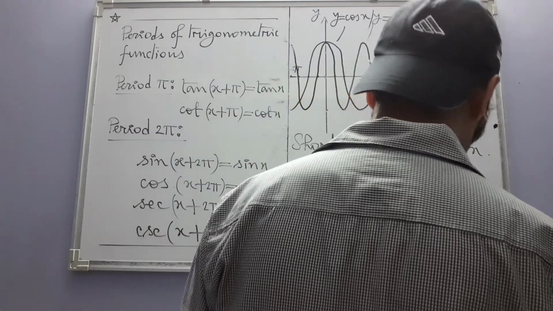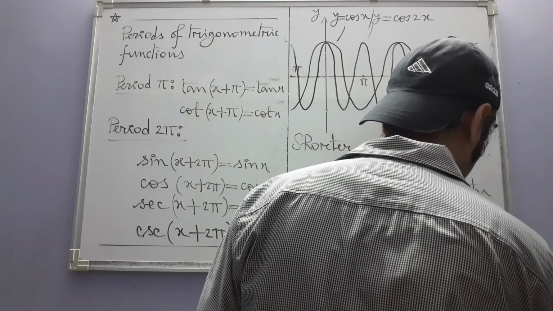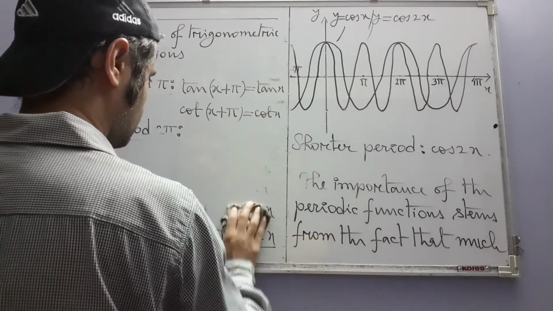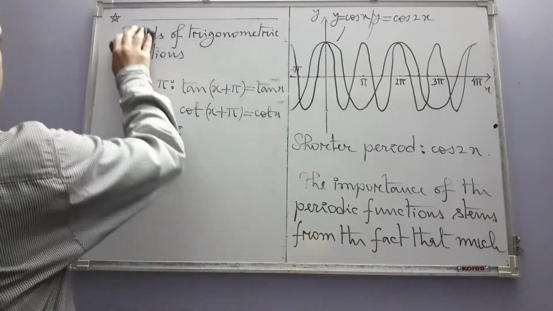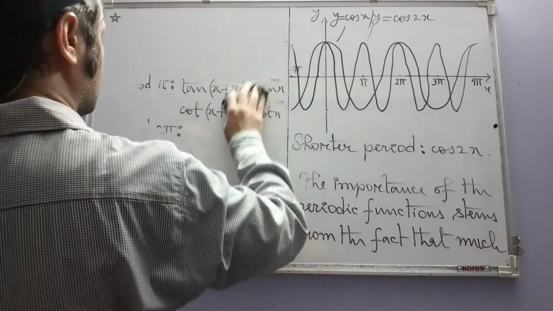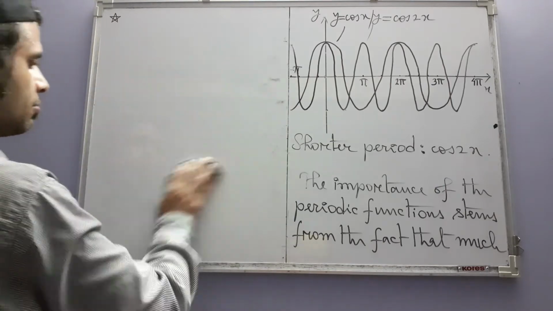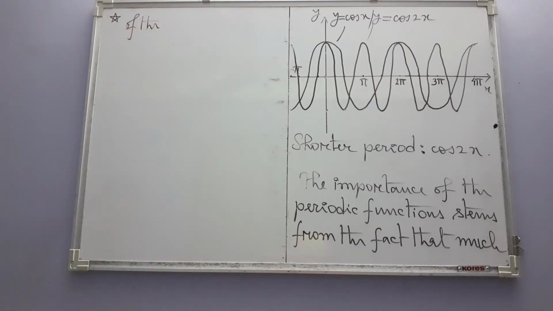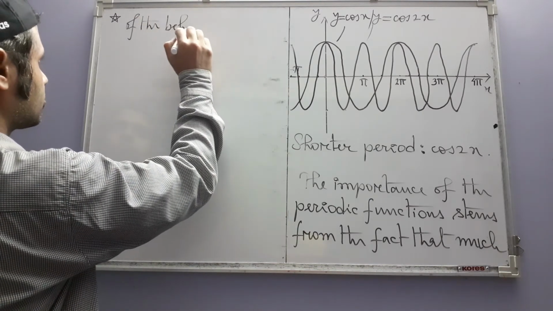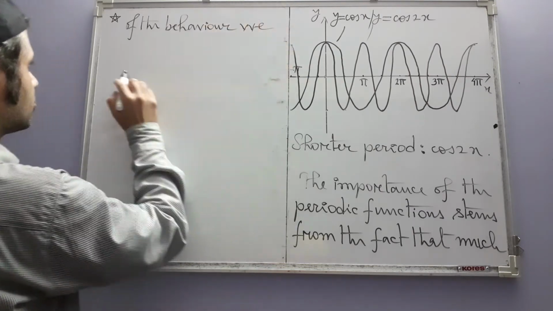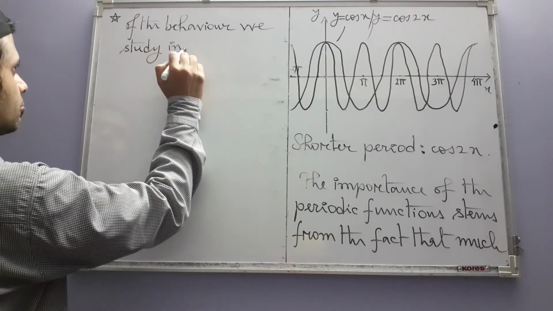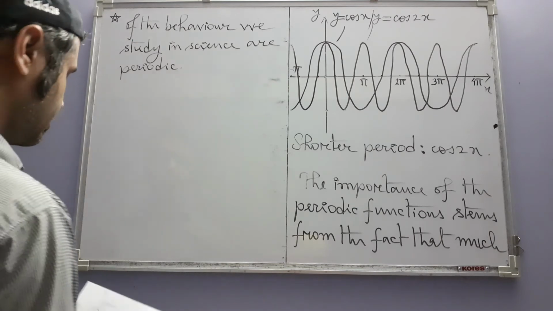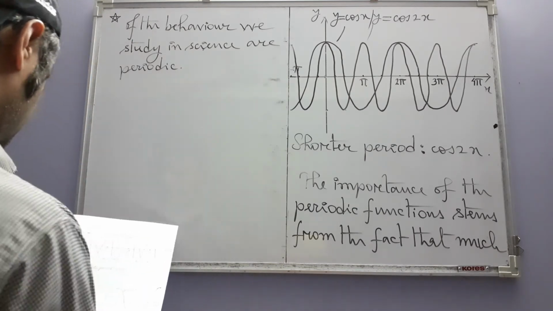Much of the behavior we study in science is periodic, and a list of things has been given.